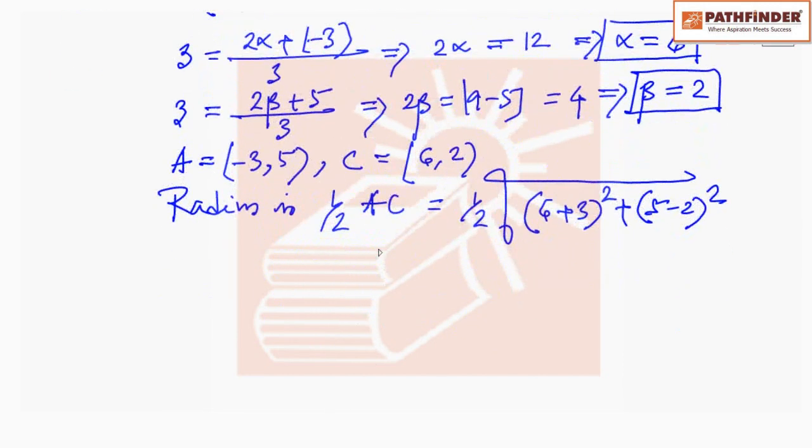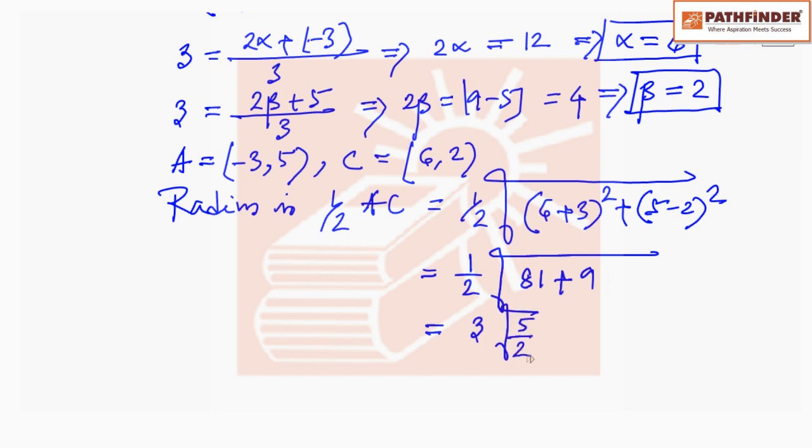That means it is equal to half of root under 81 plus 9, that means root under 90. And 90 means we can say it is 3 into root 5 by 2.